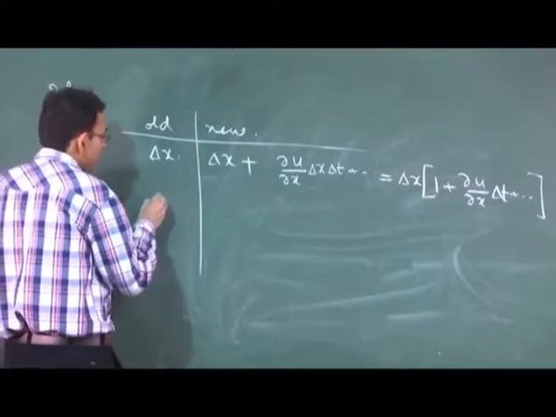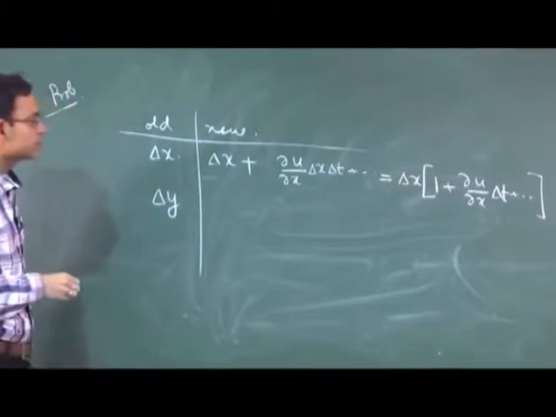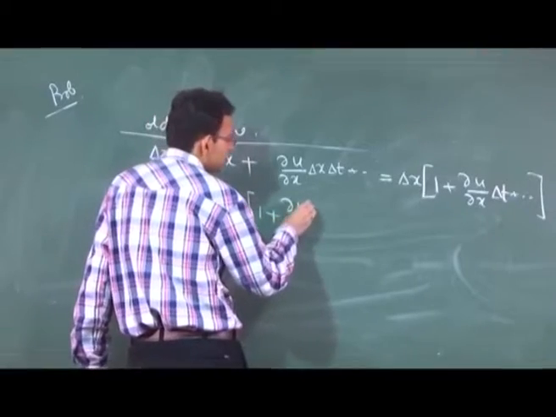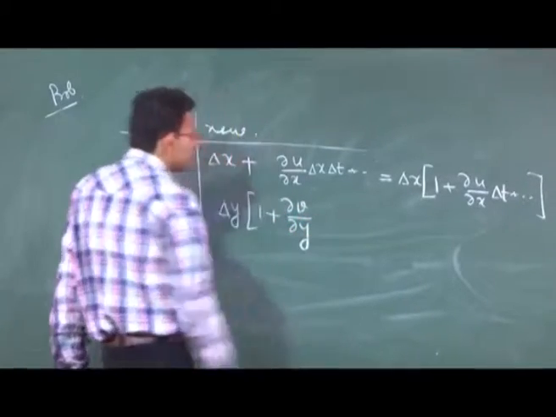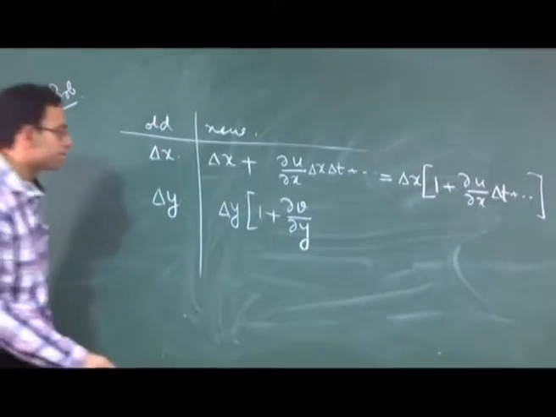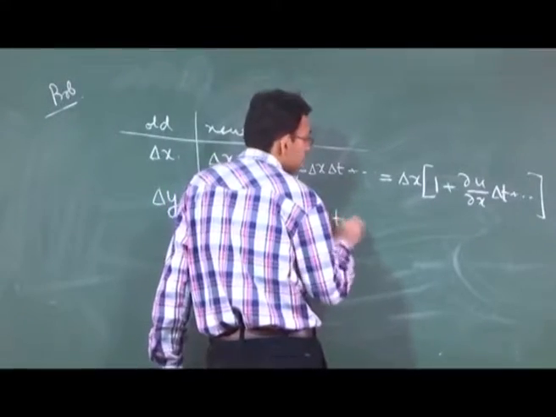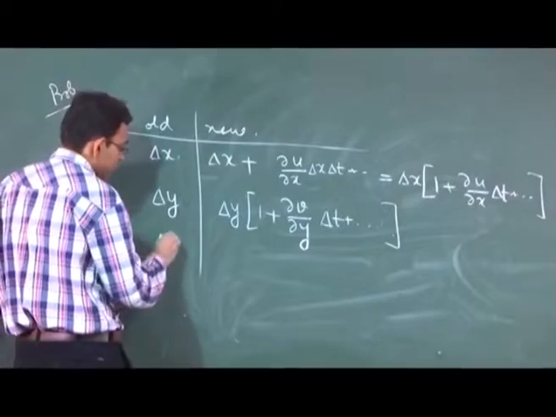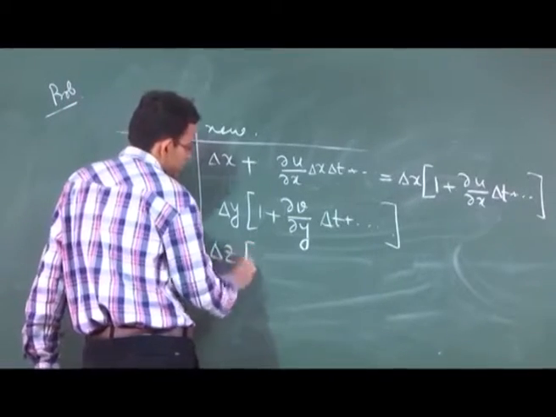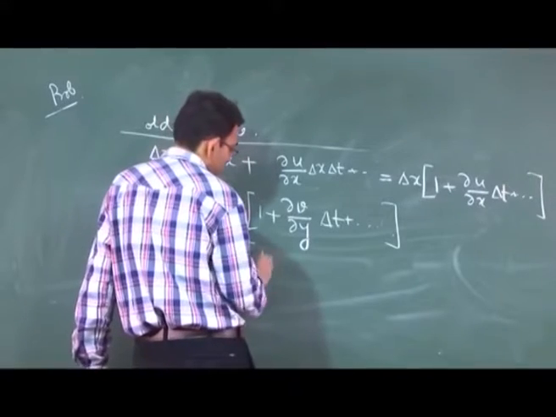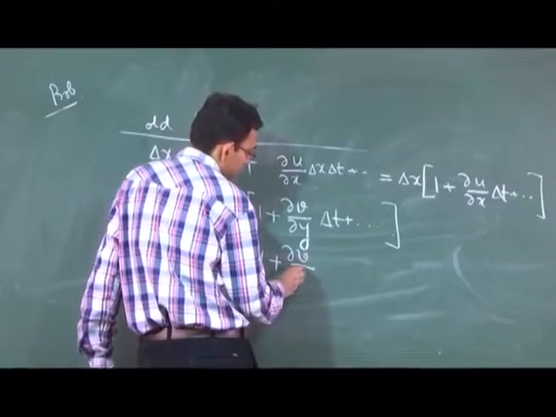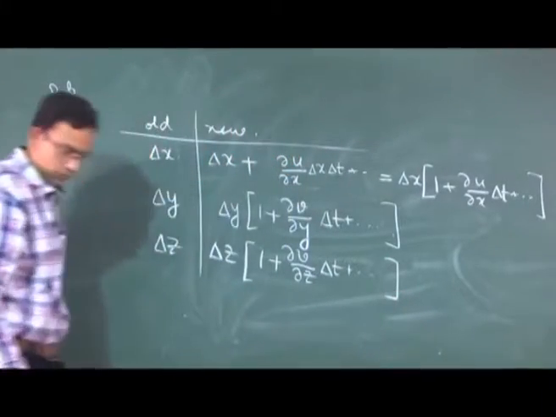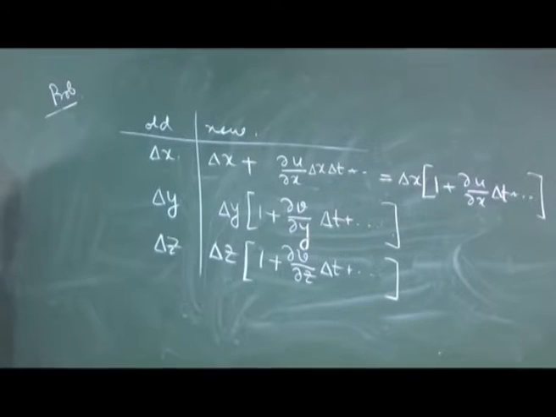Let us just by analogy write the new delta y. u will be replaced by x and v will be replaced by y. And new delta z, okay.